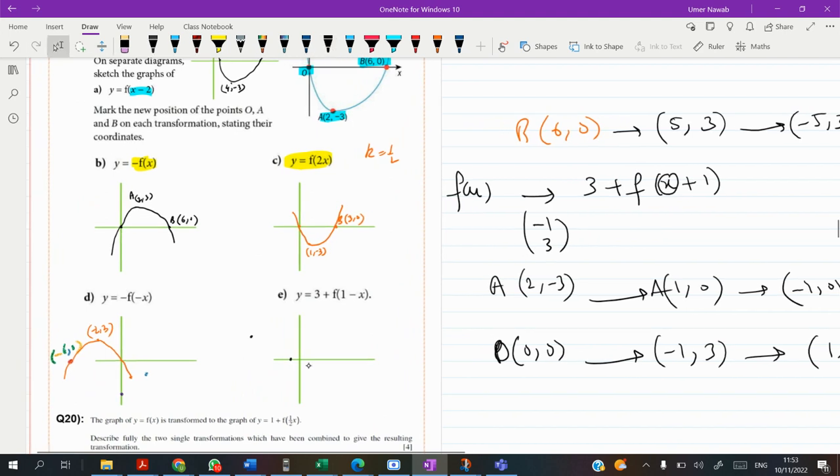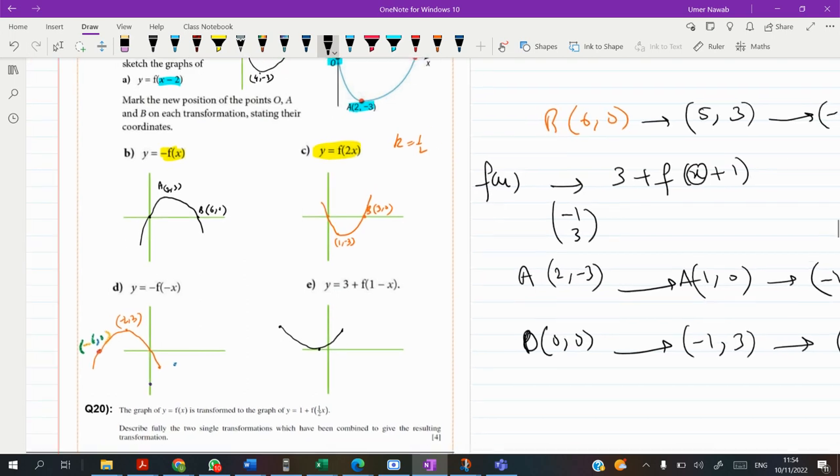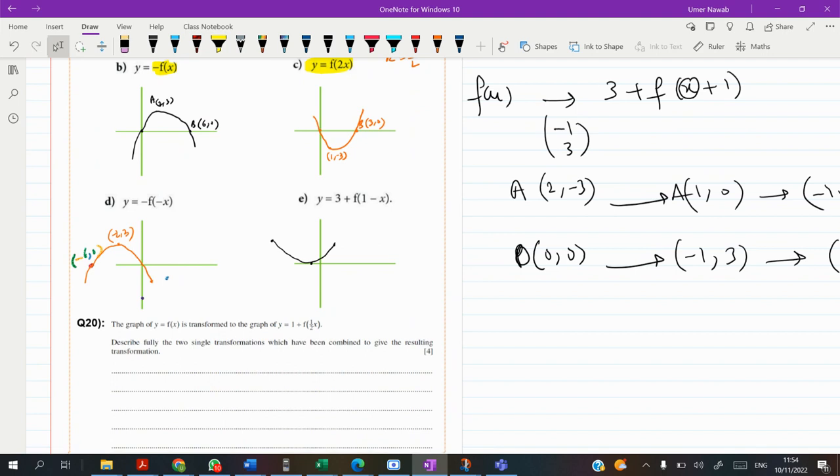Where is (1, 3)? This is 1 and this is 3. So the graph will become like this. Okay, guys, we have translation, we have also the reflection seen in this graph.